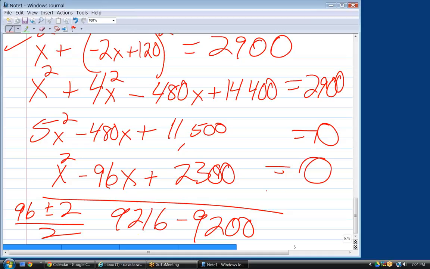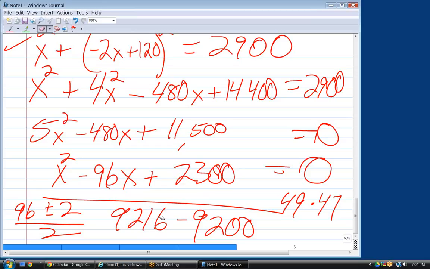49 and 47. What do 49 and 47 multiply to be? 2,300, right? No. Wow, how did that happen? 4AC was 9,200.